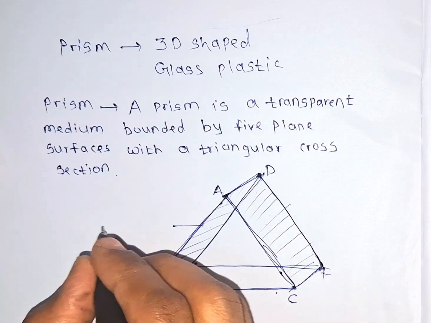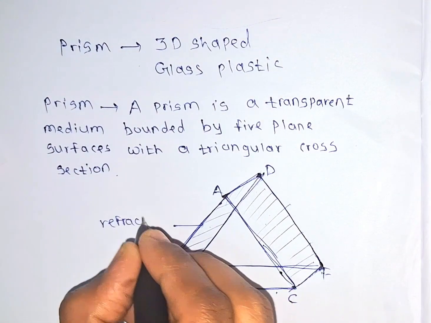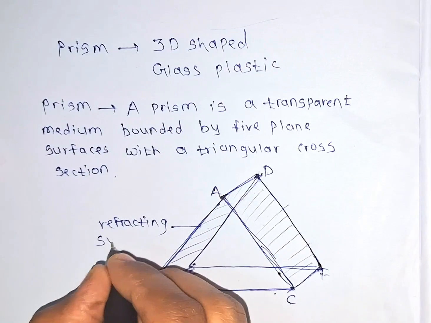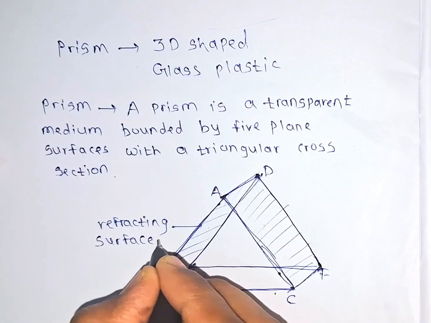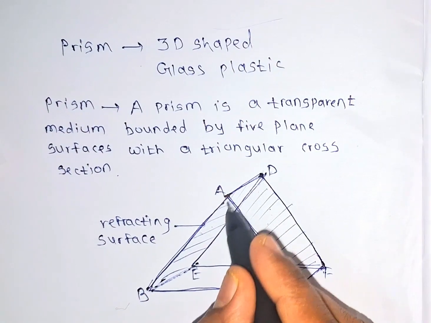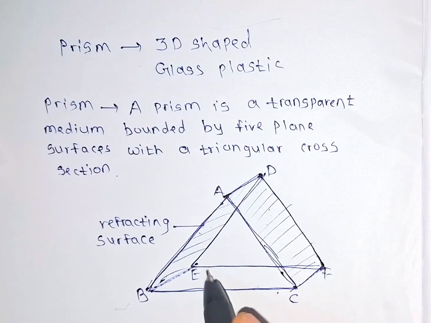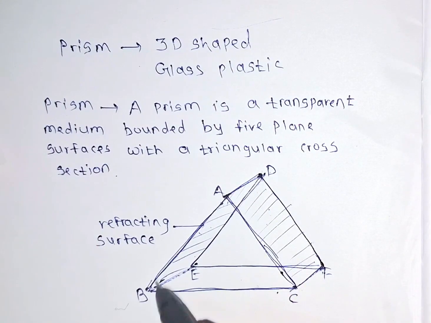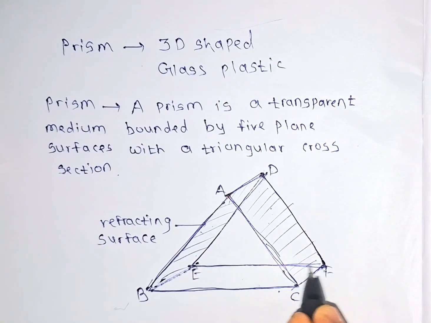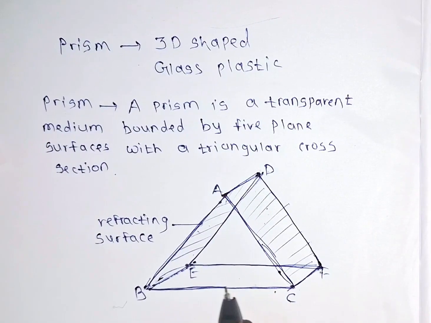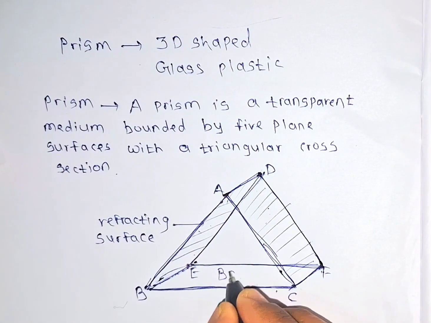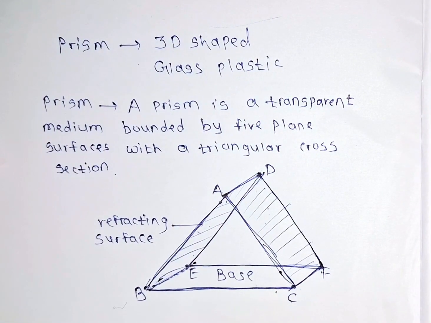So these are the refracting surfaces, this one and this one. These are two triangles, these are two rectangles. This parallelogram is the base of the prism.